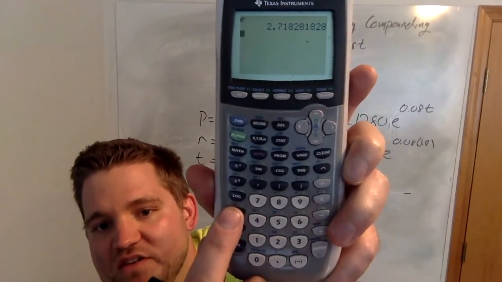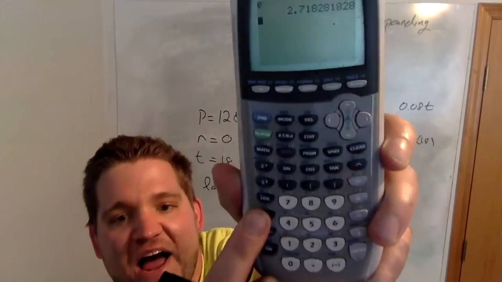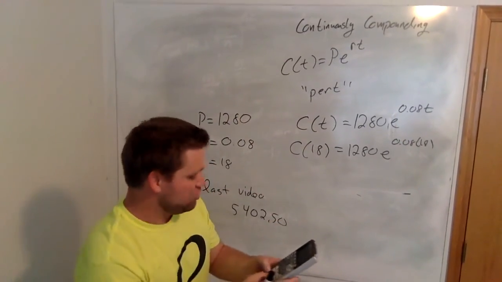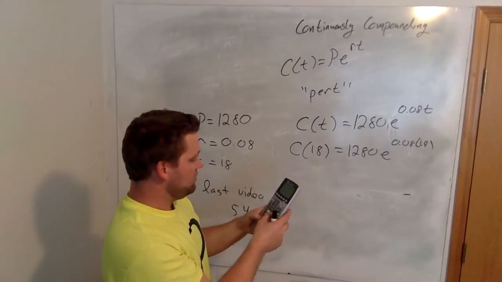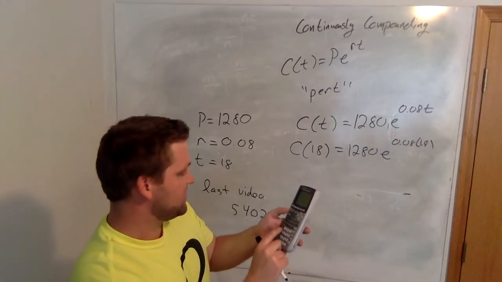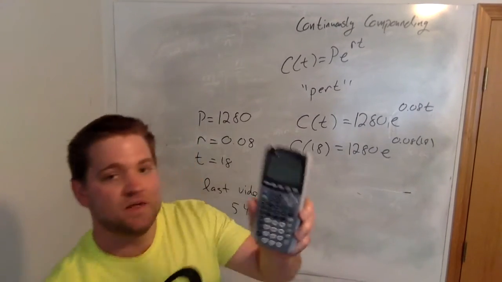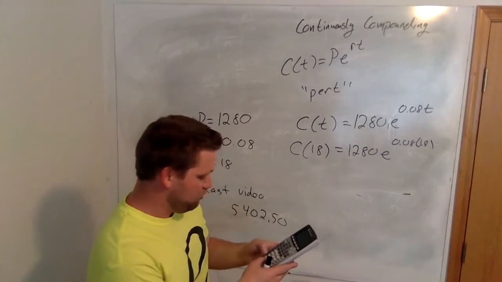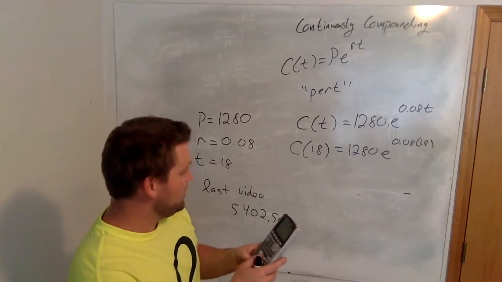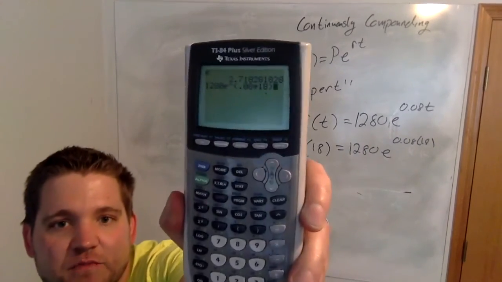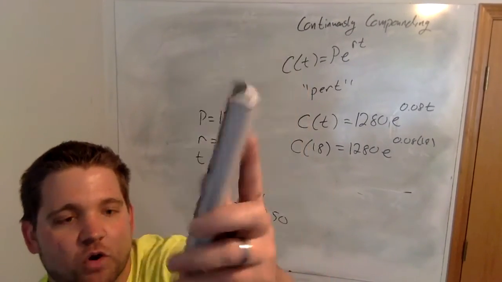We see something that says e to the power of x. When I'm typing this in, we'll do 1280, then hit the second key, and then e to the power of x, which opens a parenthesis. Then 0.08 times 18, close the parenthesis. This is what I've typed in. Let's go ahead and enter.